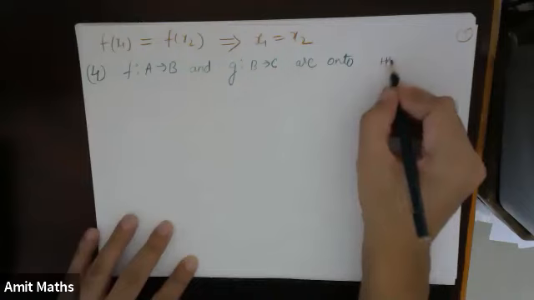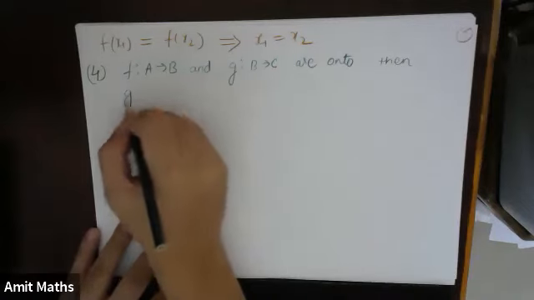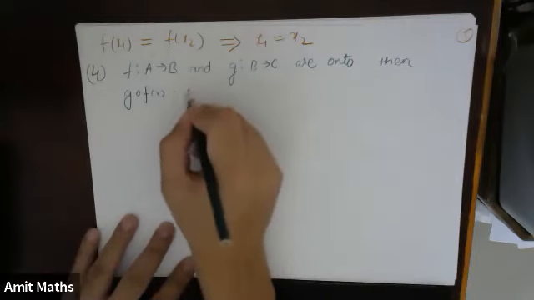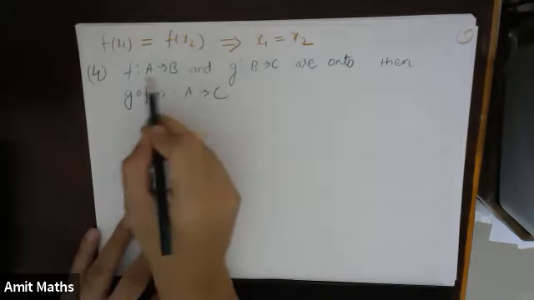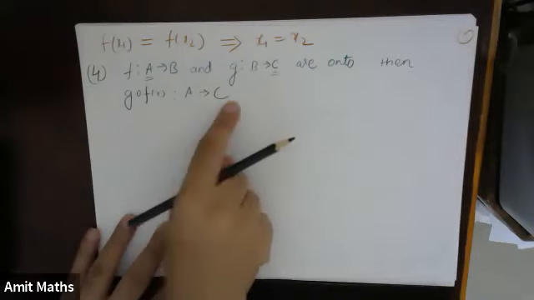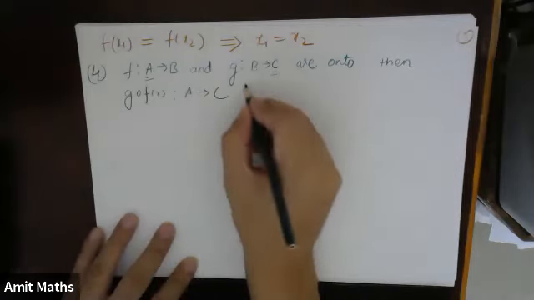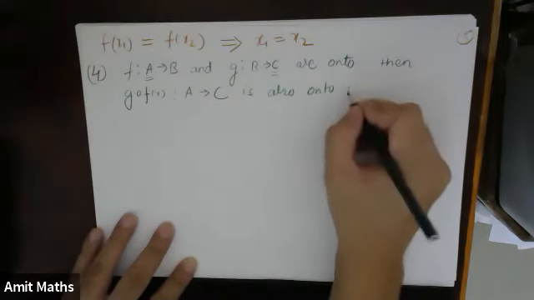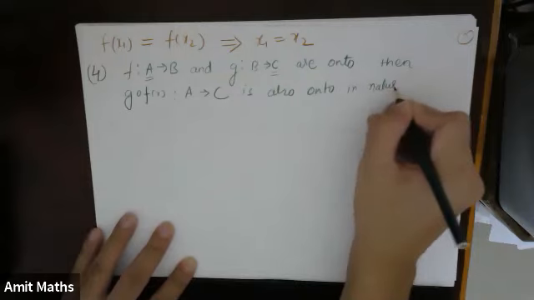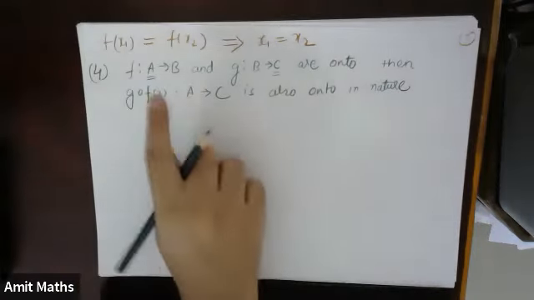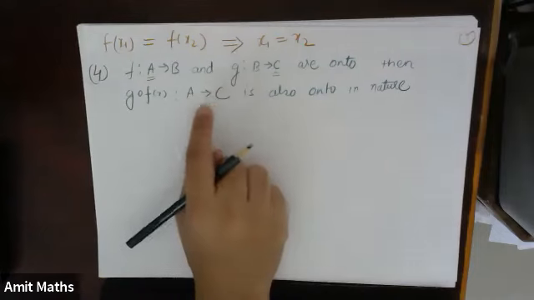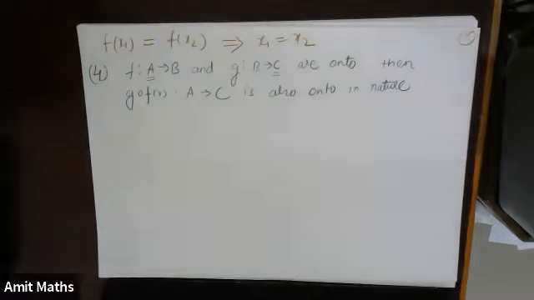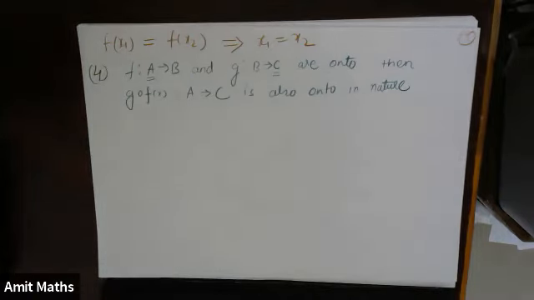What is the meaning of an onto function? That the range will be equal to the codomain. If f from A to B and g from B to C are both onto, then g of f of x from A to C is also onto in nature. Just think about it: if both f and g are onto, why will g of f of x also be onto in nature? Think about it for 1 minute by yourself, and I'll explain.